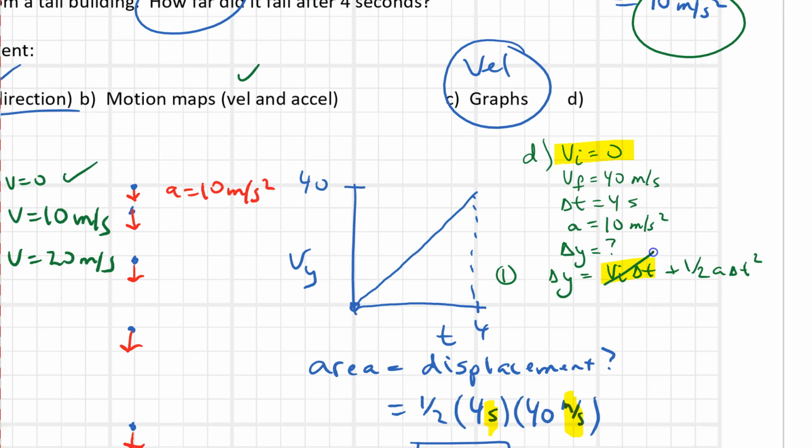Sometimes what I do is I just put an arrow through it and put a 0 like that to indicate that's the same as 0. 1/2 times 10 over here is going to be 5, multiplied by the time, which was 4, and don't forget the squared. So that is equal to 5 times 16, which is the same thing as 80 meters. Wonderful, we got the same answer. Doesn't that feel so good?